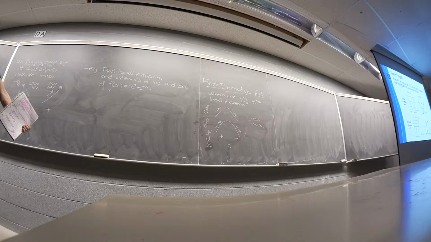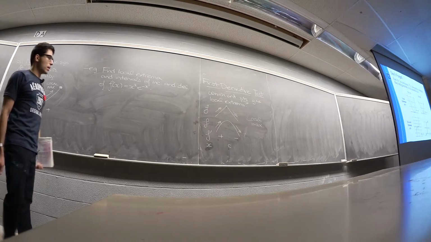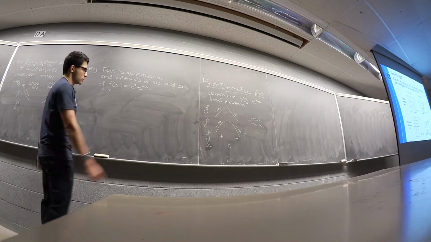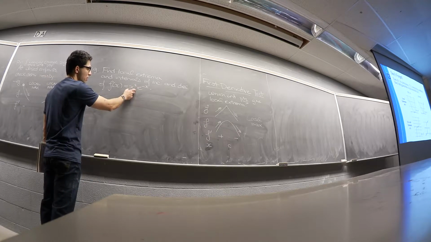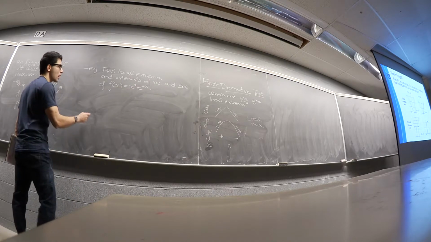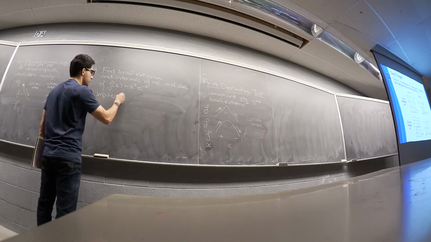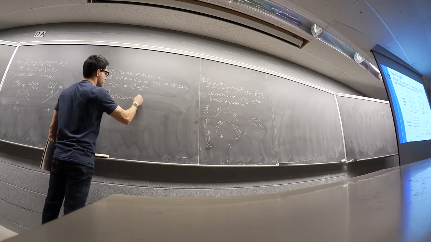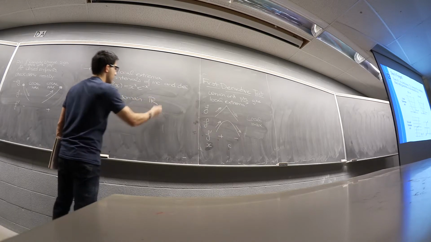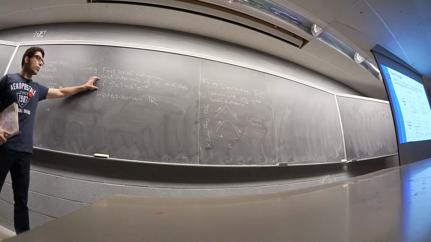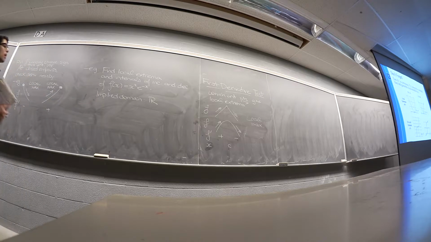Notice today we're not talking about global at all. What's our domain? Everywhere. This guy will take anything, this guy will take anything, their product will take anything. So the implied domain is the real line. If we'd given you a domain here, you'd be using that.